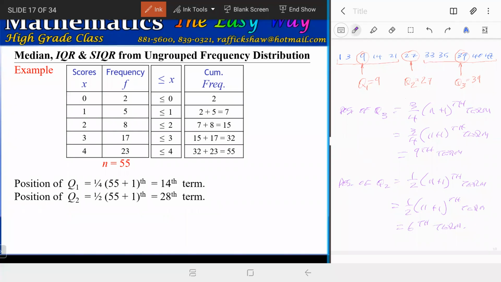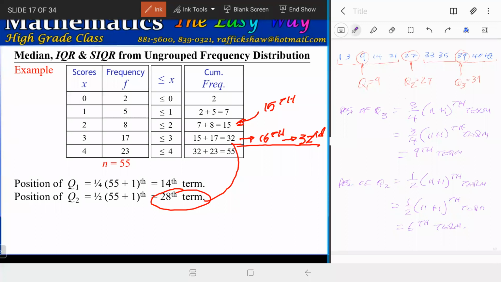Fourth line, because this line stops at the 15th term, and this line stops at the 32nd term. So it has the 16th up to the 32nd term. So the 28th term must be one of those.